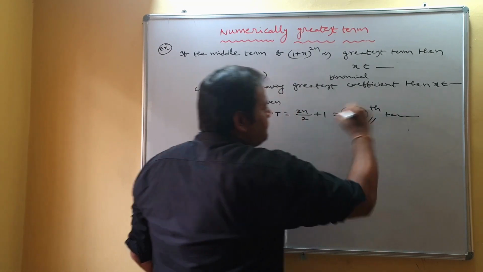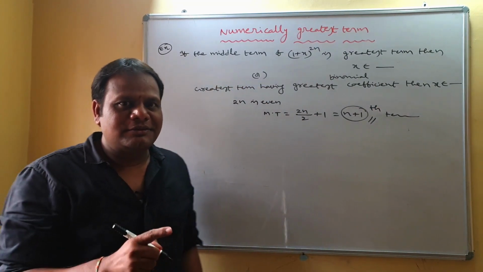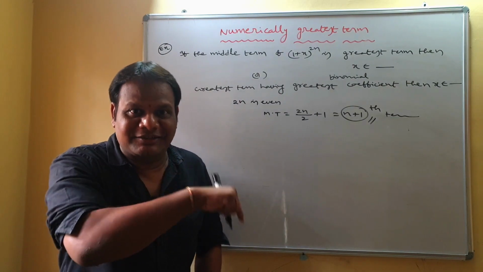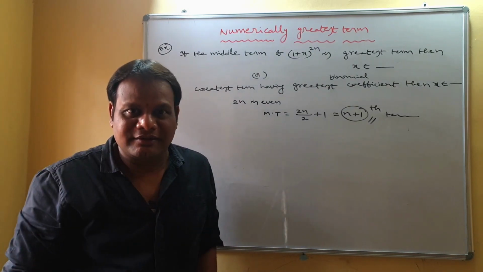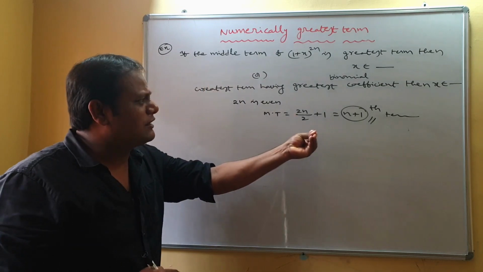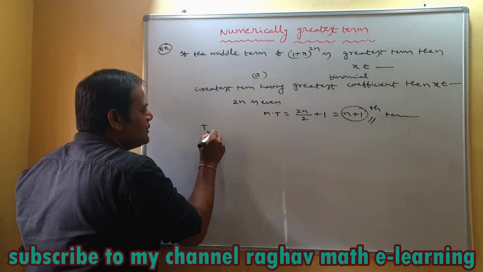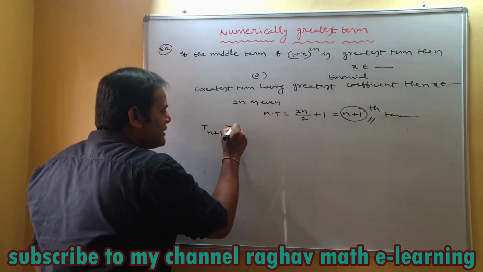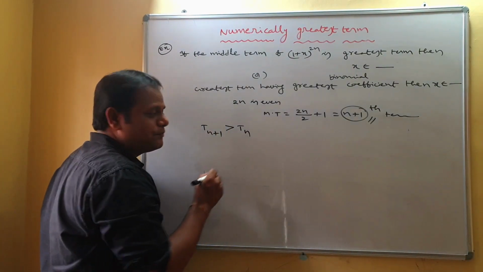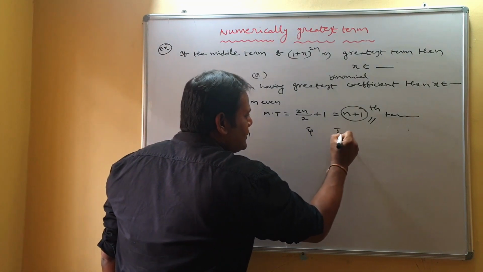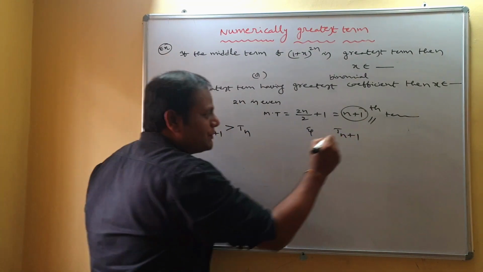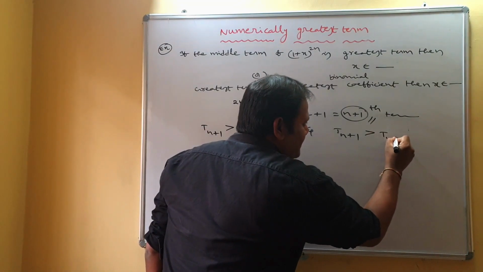So the (n+1)th term is the numerically greatest term for this expansion. That means we can take that the (n+1)th term is greater than the nth term and the (n+1)th term is greater than the (n+2)th term.